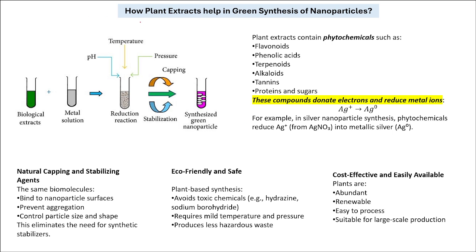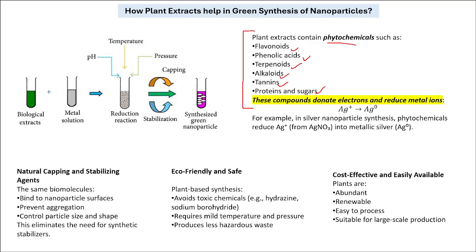So now let us understand how plant extracts help in green synthesis of nanoparticles. We discussed it also, but please do remember the different bioactive compounds or phytochemicals present in plant extract which help in synthesis of nanoparticles. So these are flavonoids, phenolic acids, terpenoids, alkaloids, tannins, proteins, and sugar.